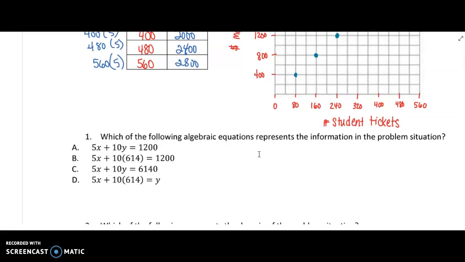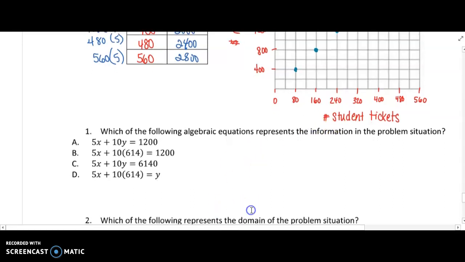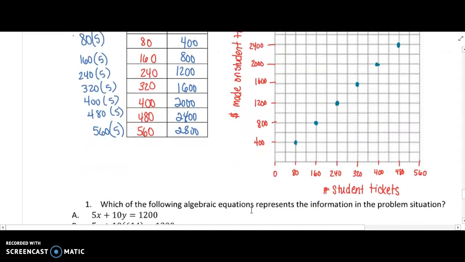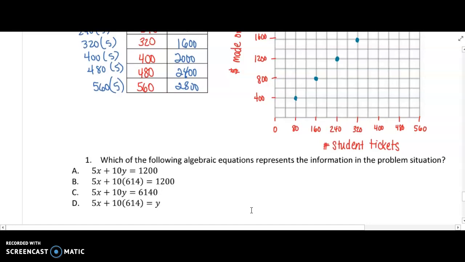Okay, but they said there was 1,200 total tickets, right? 1,200 people. So this would represent the total cost, and so it's not going to be this one, because this would be the total cost.